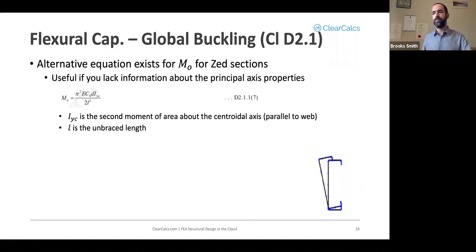And difference between a lateral and a torsional restraint, that usually a lateral restraint will be a direct connection to the flanges, one or both of the flanges. A torsional restraint is going to be something that actually prevents rotation of the entire cross section.